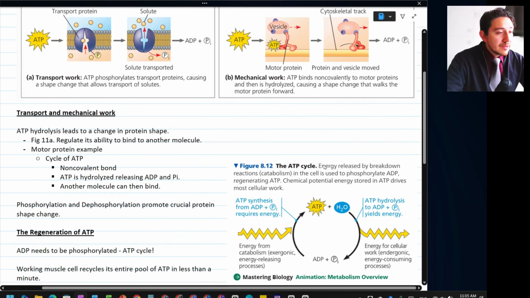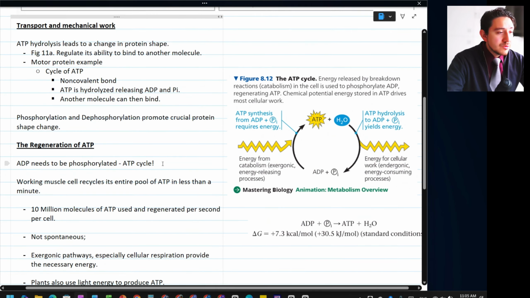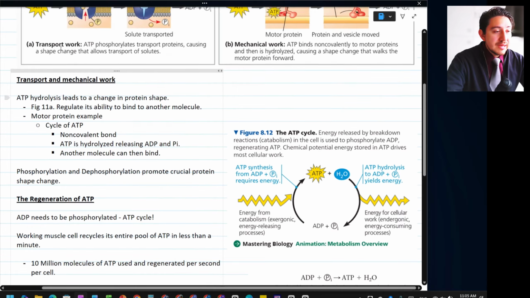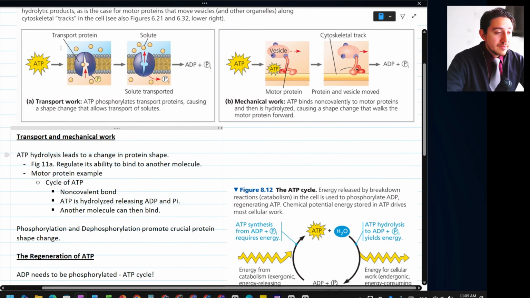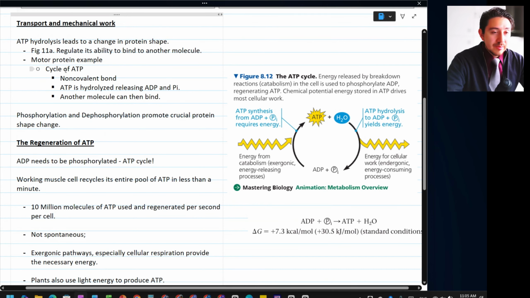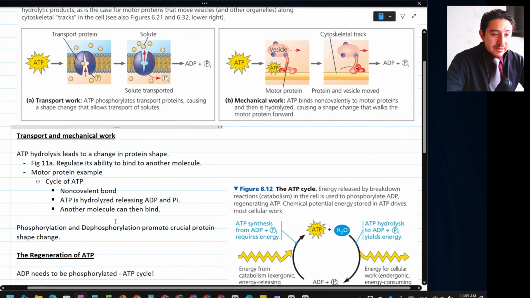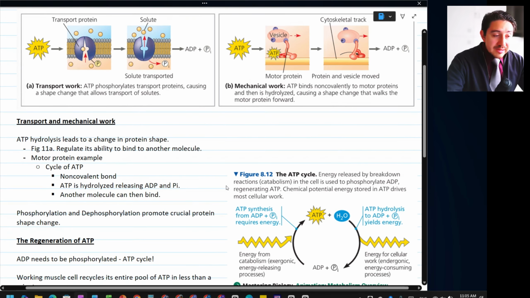So the use of ATP is very, very important. This is essentially what I talked about right now: transport and mechanical work can change the protein shape, like the motor protein example I just mentioned. Just to give more detail, in the cycle, ATP is non-covalently bonded, then ATP gets hydrolyzed, releasing ADP and inorganic phosphate.